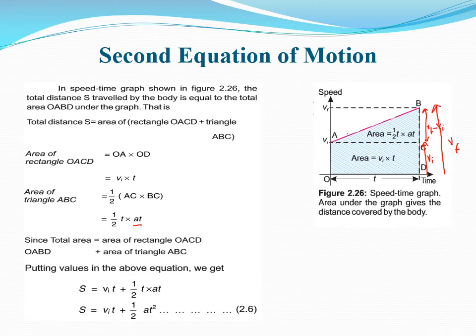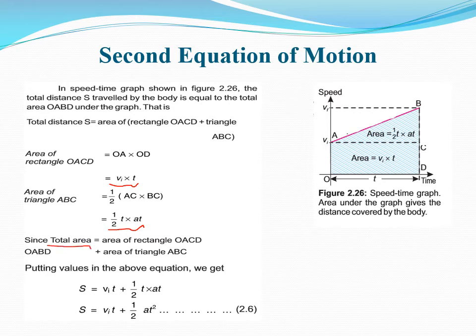It is clear from the graph, and you know Vf minus Vi is equal to 80, meaning gain in speed. That's why it is given that BC is 80. So we have found the area of rectangle equals Vi times T, and the area of triangle equals 1/2 times T times 80. So simply add them to get the total area.